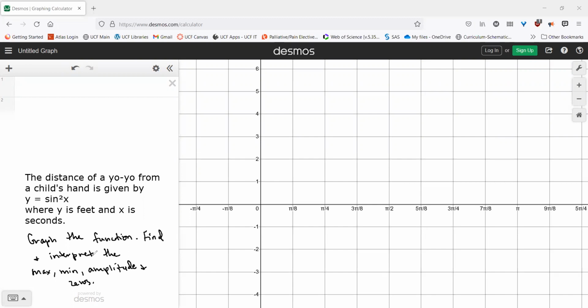We want to find and interpret the maximum, minimum, amplitude, and zeros. Okay, so this is our job. Graph the function, find and interpret the maximum, minimum, amplitude, and zeros.